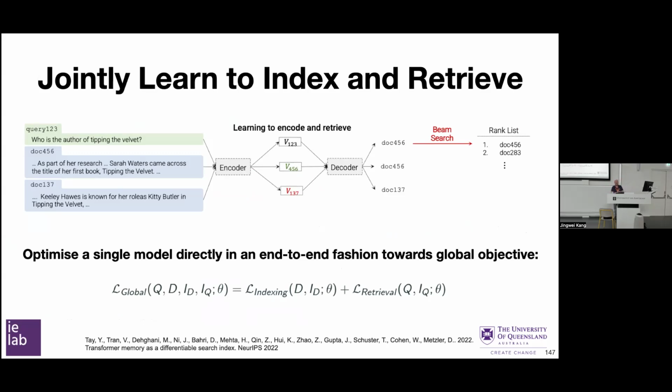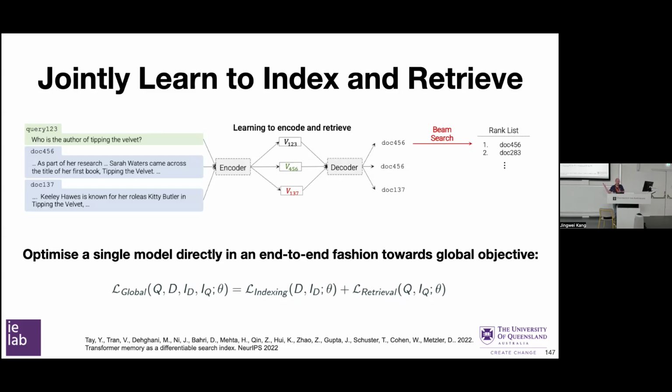Okay, so I told you we have this unique model that is trying to learn your corpus. The idea here is that you want to jointly learn the task of indexing and the task of retrieving. You do that by optimizing a loss function that relates to your indexing task, or your representation task, and a loss function that instead relates to how you retrieve documents for a query.